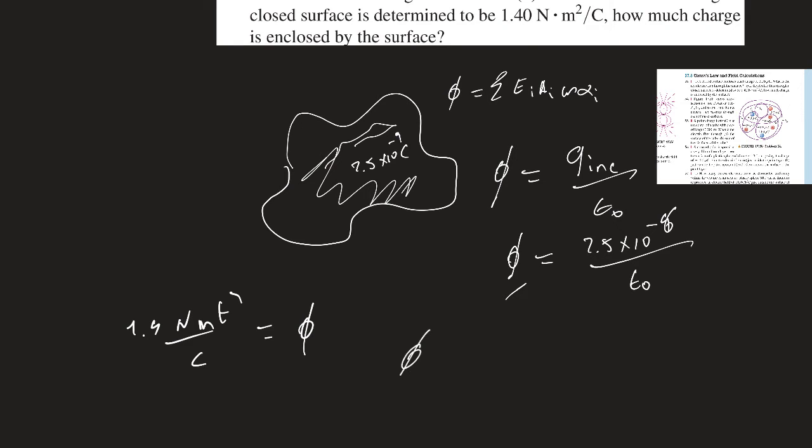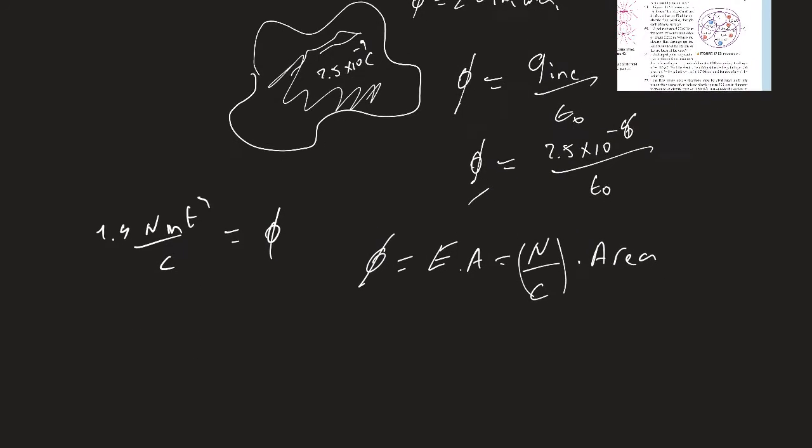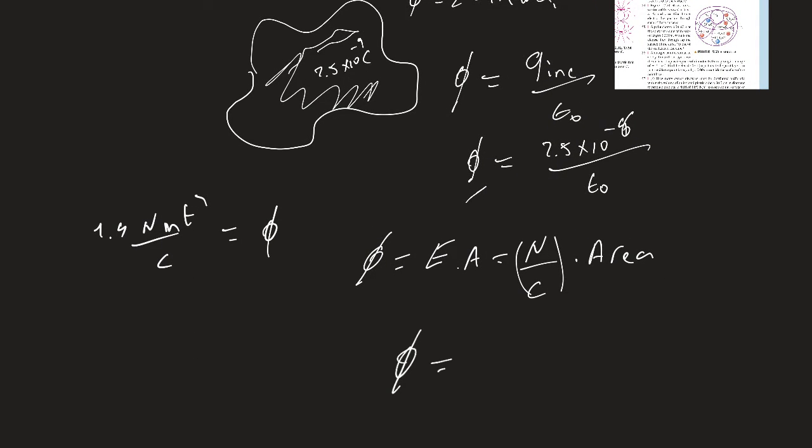I have the flux, that is E times area, that is newton divided by coulomb times the area. If you have a total flux, the sum of E sub i times A sub i times cosine of alpha i, and you measure that it is plus 1.4, so the flux goes out because it's positive.